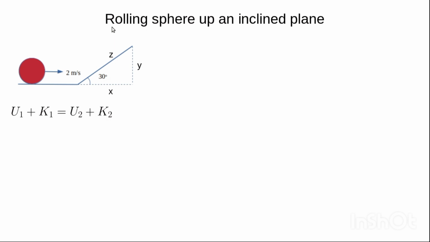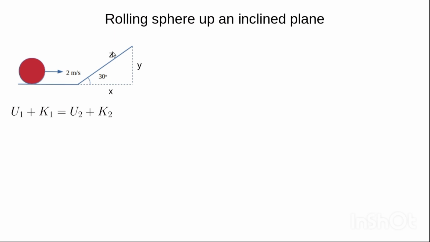From this figure, we can consider this part as our point 1, while this part where it stops is point 2. You realize that the potential energy at point 1 for this object is 0, while the kinetic energy will not be 0.